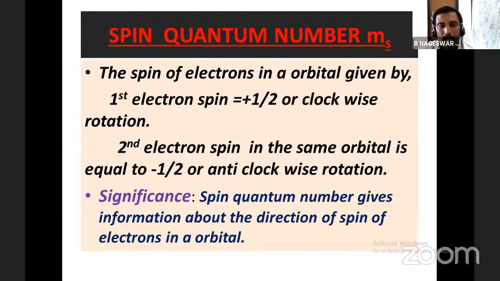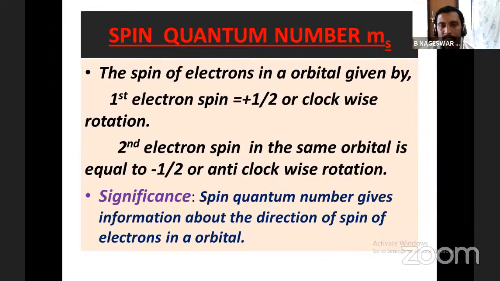The benches are equal to the orbital. The walls of the classroom we take as the orbit. If you assume that our classroom is like an atom, then the walls of the classroom we can take as an orbit or shell. The benches are equal to the orbital, and you are the electrons.